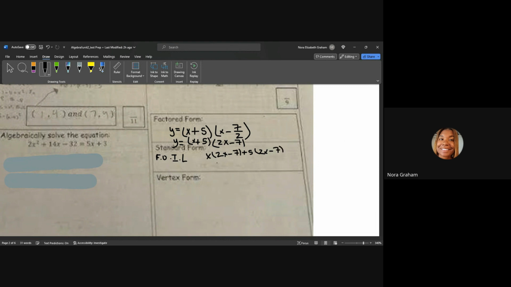Now I'm going to distribute that through. When I distribute that through, I get 2x squared minus 7x. Oh, my apologies. 2x squared minus 7x, yeah.